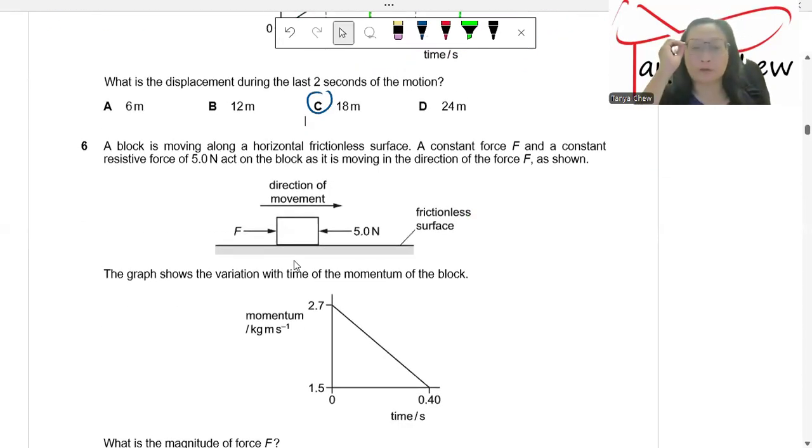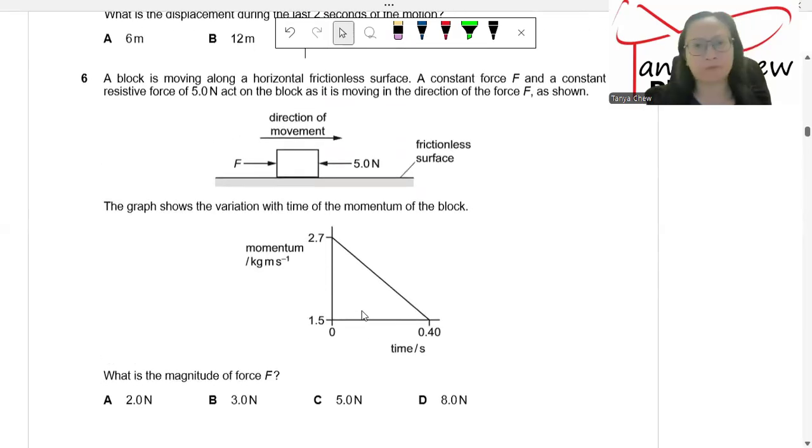Question number 6. A block is moving along a horizontal frictionless surface. A constant force F and a constant resistive force of 5 Newton act on the block as it is moving in the direction of the force F as shown. The graph shows the variation with time of the momentum of the block. What is the magnitude of the force?